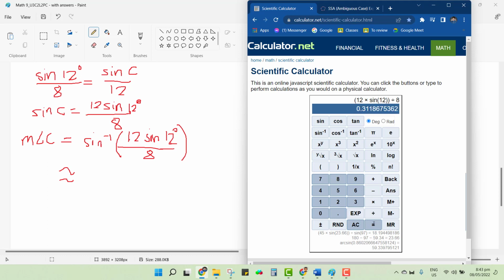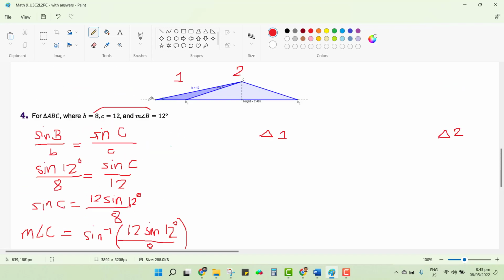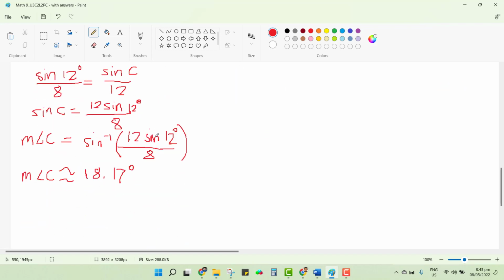Click equals to save it as a previous answer, and then sine inverse of the answer. You will get 18.17 degrees. Round it off into two decimal places. So it's again 18.17 degrees. This is the measurement of angle C in this given figure.